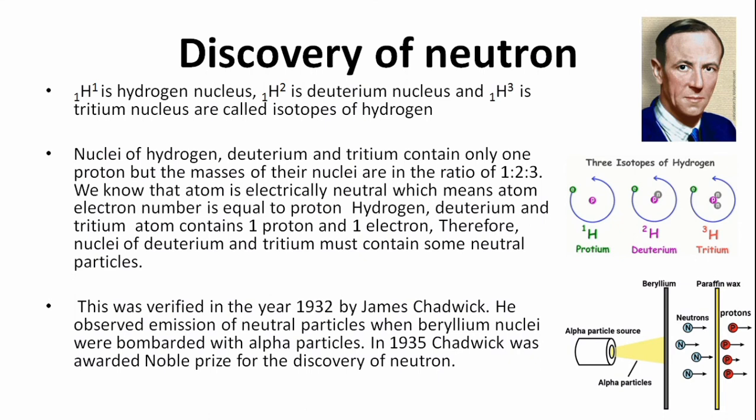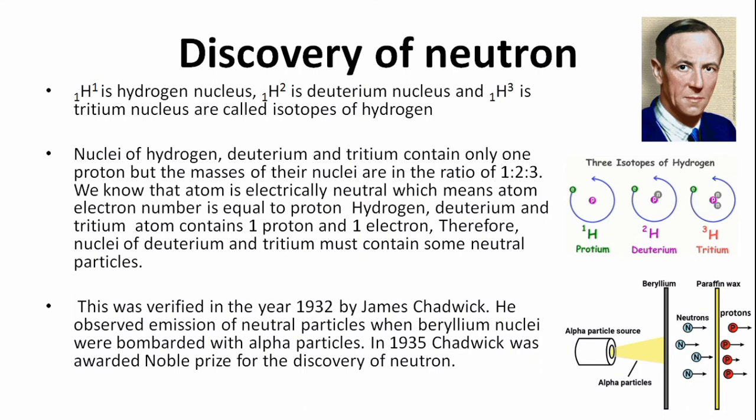And we know that the hydrogen atom and its isotopes are electrically neutral, and all the isotopes have one proton and one electron. So they assumed there must be some neutral particles present in the deuterium and tritium atoms.